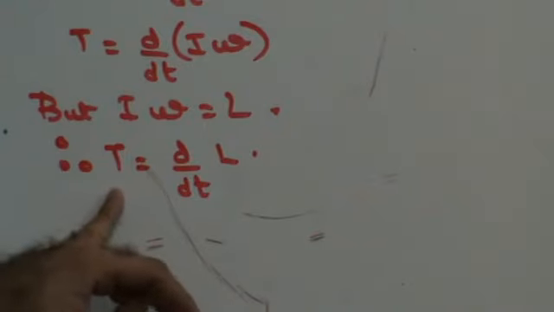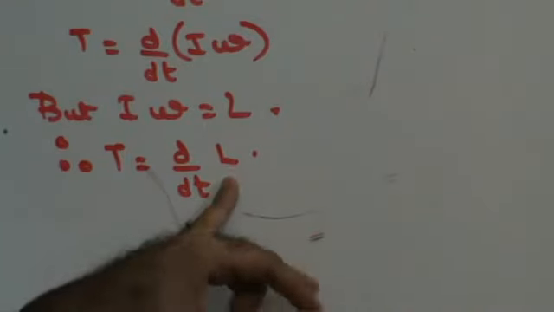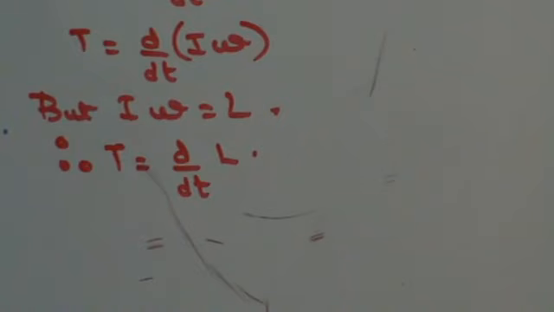Now, if the torque acting on the body, which is equal to the time rate of change of angular momentum, becomes zero, that means there is no external torque acting on the body, then the angular momentum will become constant, because d by dt of a constant is zero.